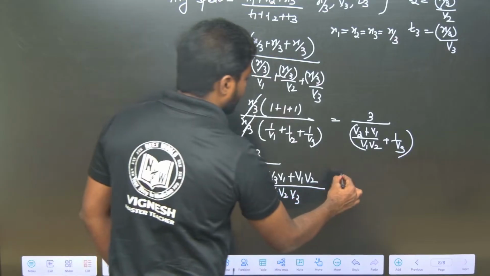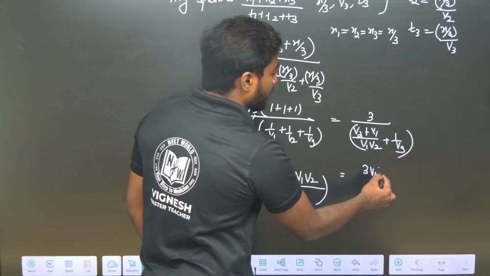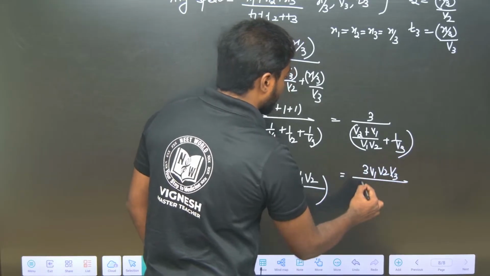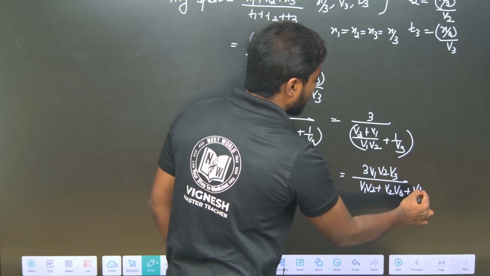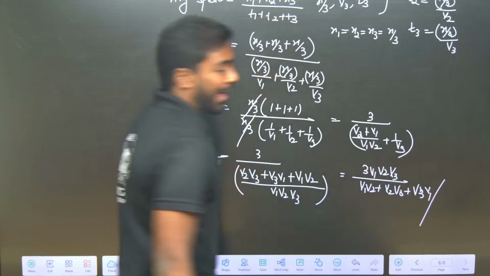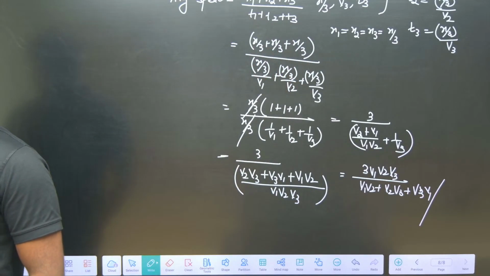So, the final answer will be 3 V1 V2 V3 by V1 V2 plus V2 V3 plus V3 V1. This is my average speed.